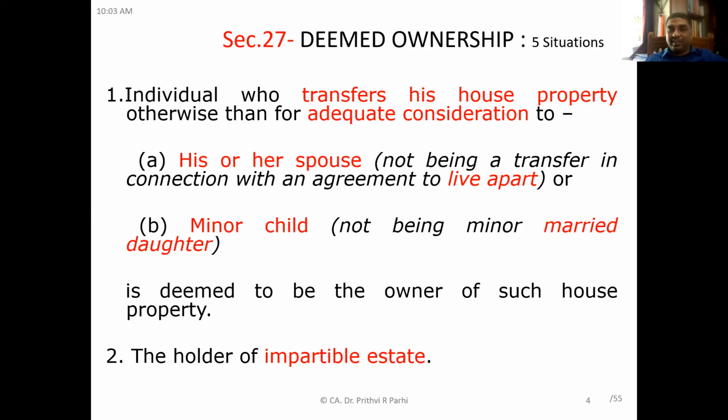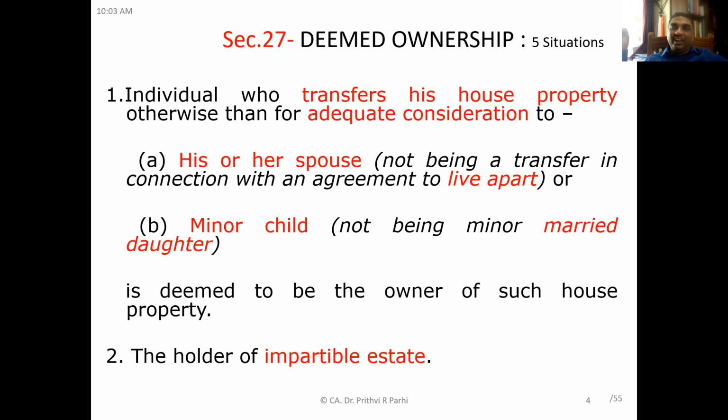Maybe some court may take a decision in this regard. But right now, our concept here is that property should not be transferred for inadequate consideration. If it is transferred for inadequate consideration to some people, the transferor will be considered the deemed owner. That means he will continue to be the owner, even if he might have transferred the property.